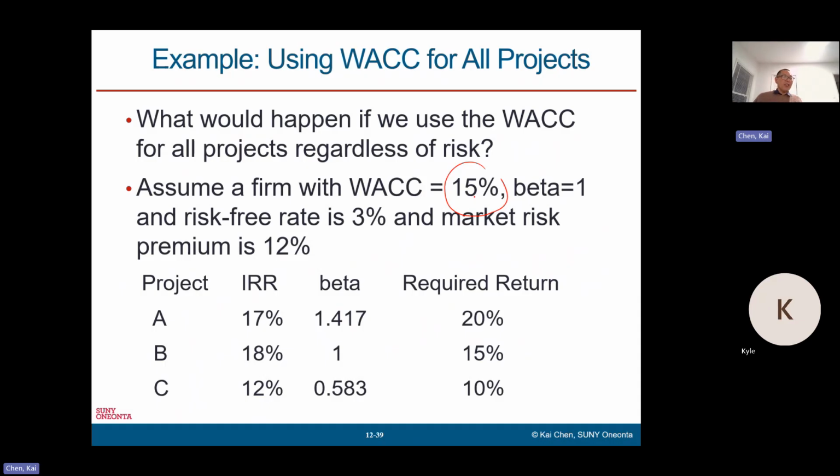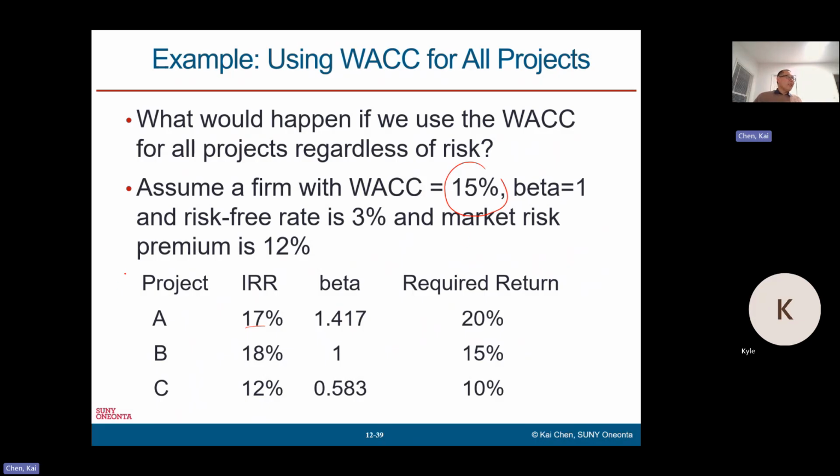Then, according to our decision-making rule of IRR, we compare IRR with 15%. If IRR is greater than 15%, we accept the project. Otherwise, we reject the project. Now let's do it one by one.